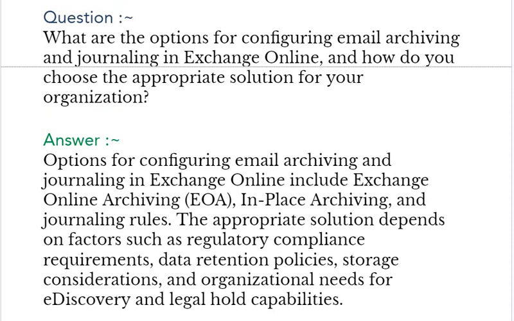Our next interview question is: what are the options for configuring email archiving and journaling in Exchange Online, and how do you choose the appropriate solution for your organization? Your answer should be: options for configuring email archiving and journaling in Exchange Online include Exchange Online Archiving (EOA), in-place archiving, and journaling rules.